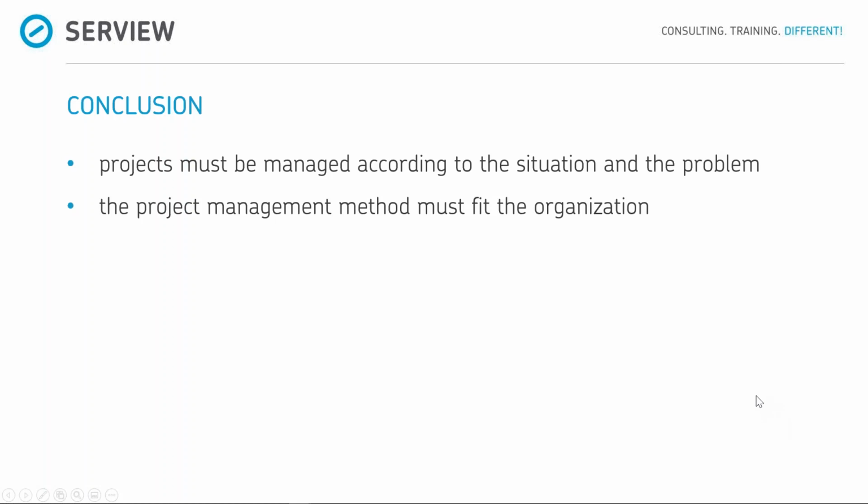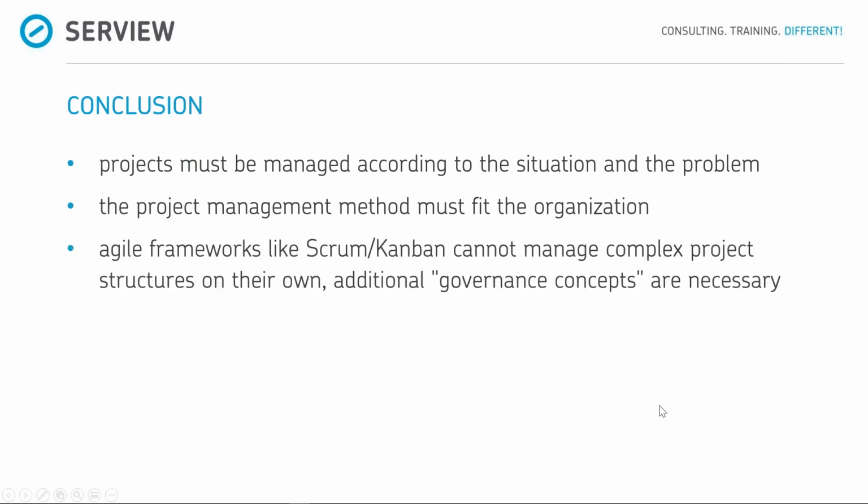We also see that pure Agile frameworks like pure Scrum, and we're not talking about the scaled versions here, really the pure one product owner setup, usually cannot manage a complex project on their own, because we need additional governance, we need some level of reporting and so on. So we really need to back that up with a bit more of that, you could say, traditional reporting and governance as well. And this is where the Prince part comes in.